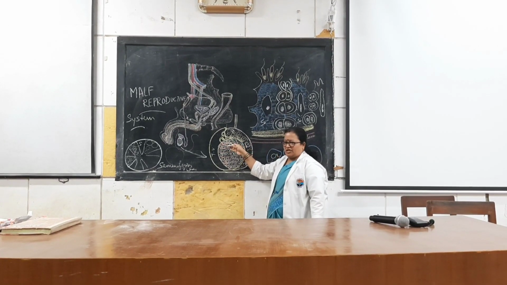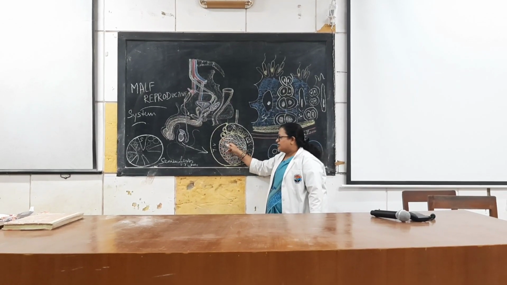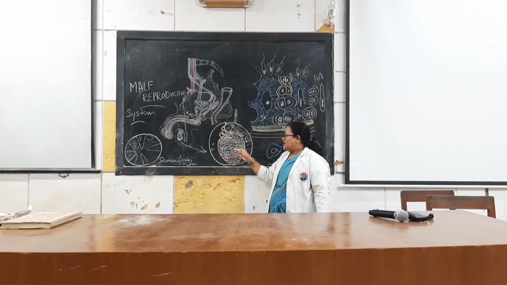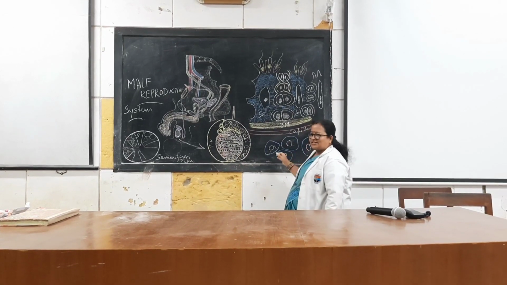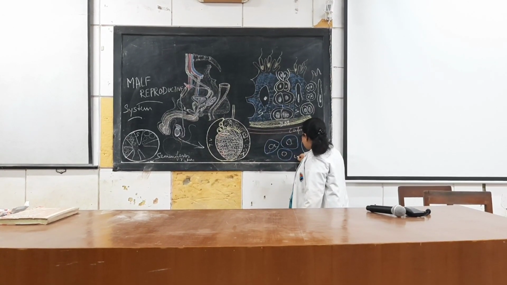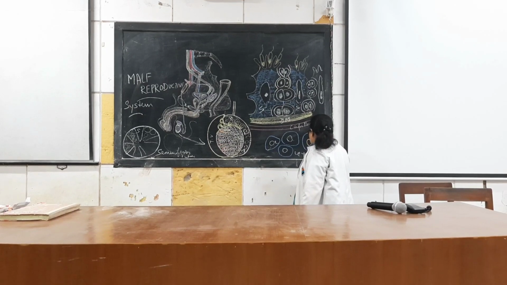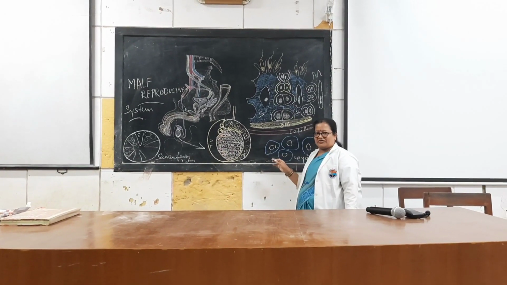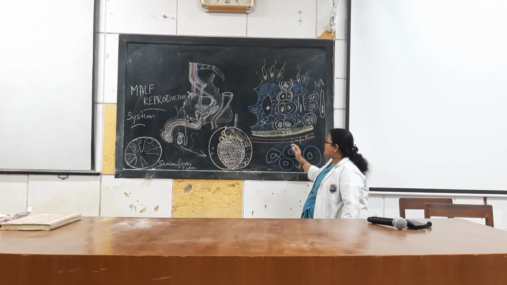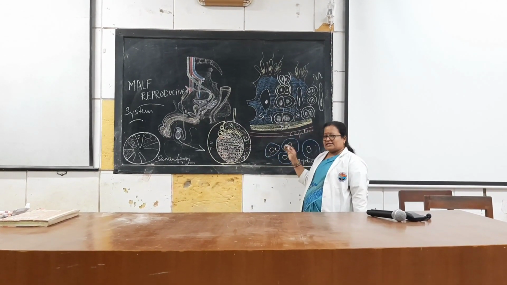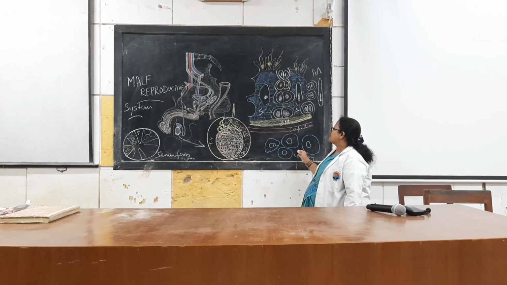Each lobule is formed by 3 to 4 seminiferous tubules, loose areolar tissue, the interstitial cells of Leydig, mast cells, and macrophages. All these cells will be found within the lobules. So these are interstitial, they lie outside the seminiferous tubules. These are the interstitial cells of Leydig.